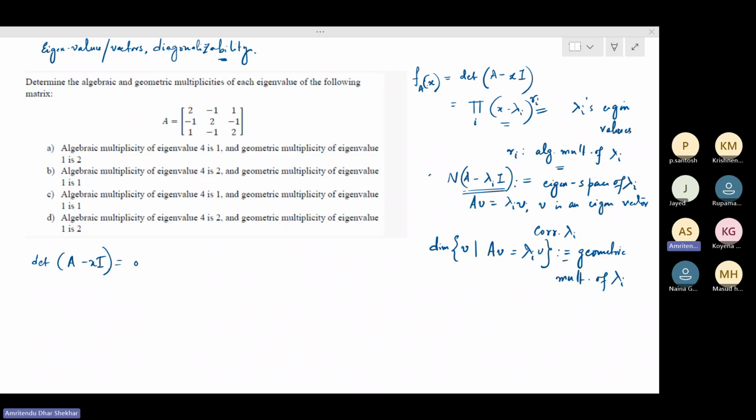And this gives us the determinant of the matrix with rows (2 minus x, minus 1, 1), (minus 1, 2 minus x, minus 1), (1, minus 1, 2 minus x) to be equal to 0.